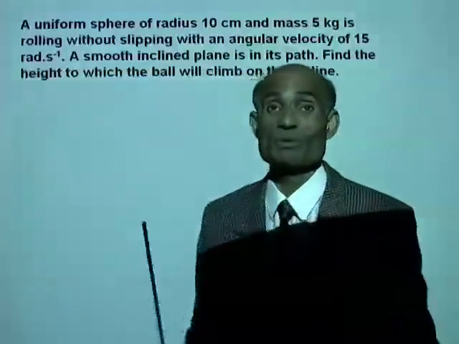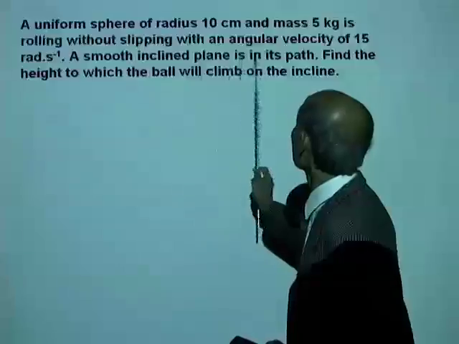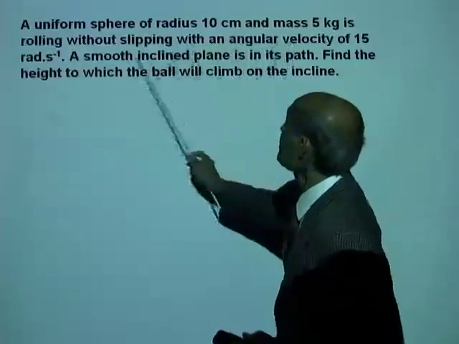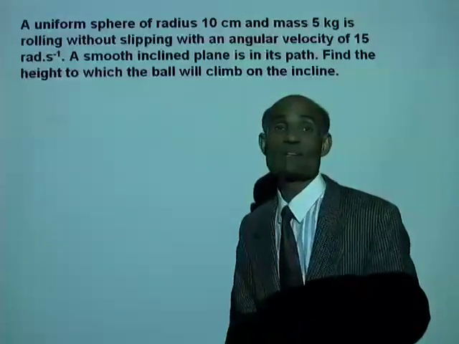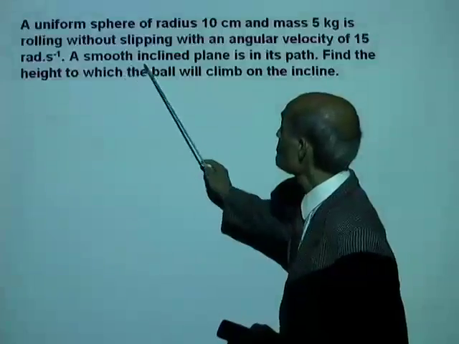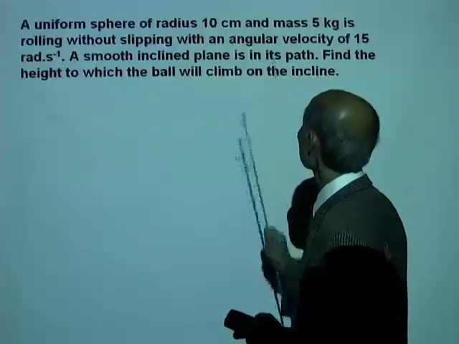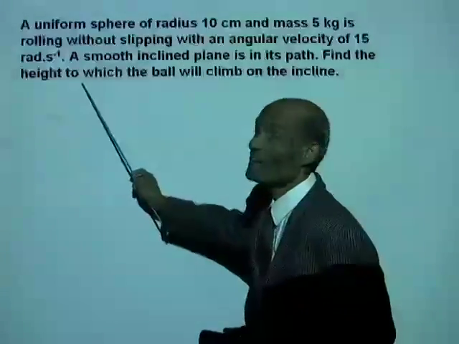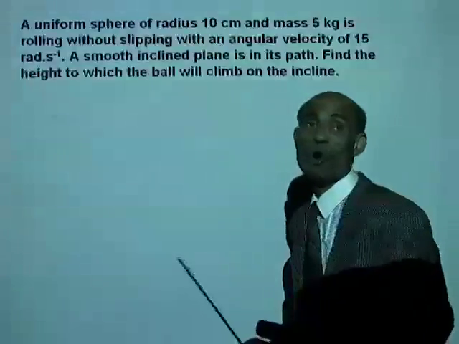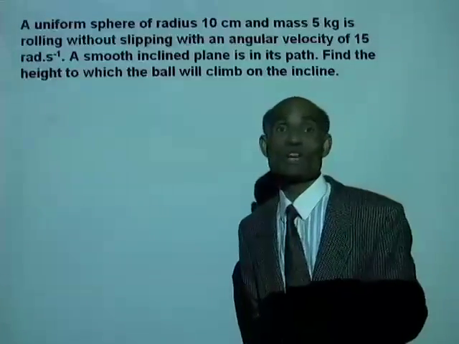That is very important. With an angular velocity of 15 radian per second, a smooth inclined plane is in its path. Find the height to which the ball will climb on the incline.